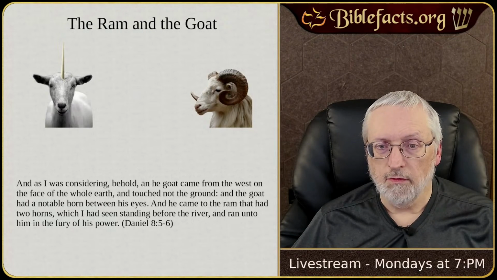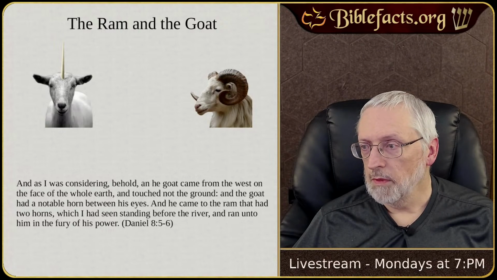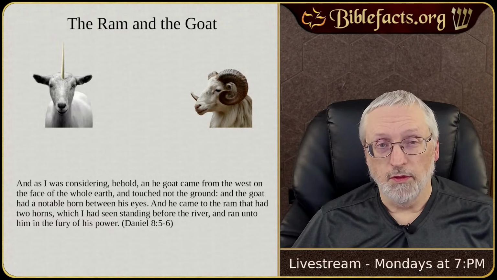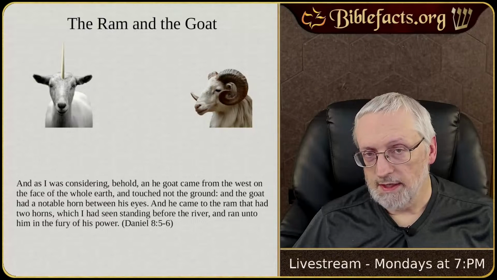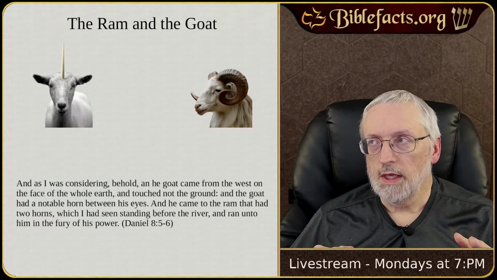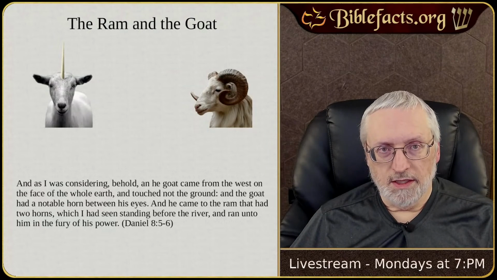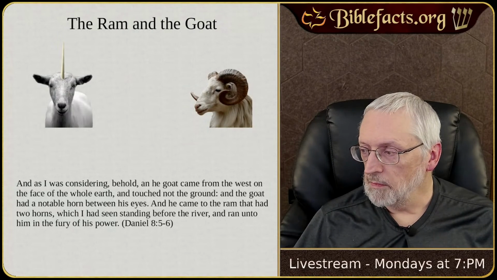So as you see it here, you've got the 2 horns on the Persian ram, and then this Grecian goat, a uni-goat, if you want to think about it that way, with this notable horn between its head. So that's Alexander. And as we learned from the 4-headed leopard, the kingdom, once he dies, is split into 4 pieces. So let's continue this vision.